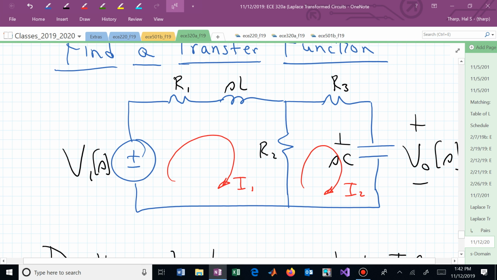Well, you could have, let's say, a series combination of capacitors or a parallel combination of inductors that effectively would collapse into fewer energy storage devices. Here, you have a capacitor and an inductor. Those aren't going to be combined. You have two energy storage devices. It should be a second order system. We should expect two poles in this transfer function.